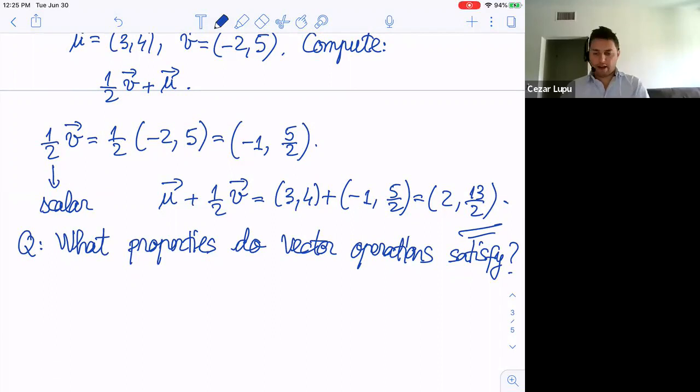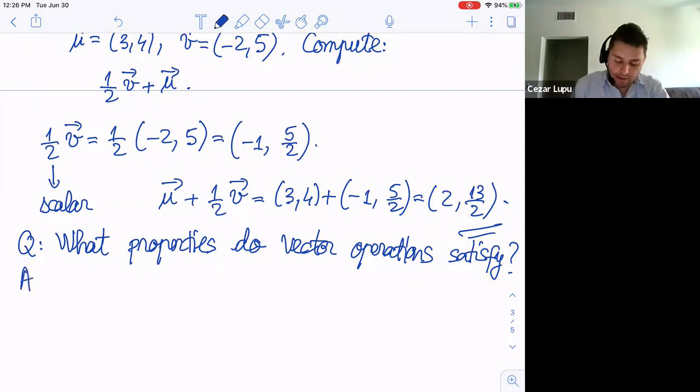You've seen that we've done the same thing for matrices, right? We want to see how they behave when you add them, when you multiply matrices, when you multiply by a scalar, when you blend everything together. We have two operations, like distributivity and so on. The same thing will happen here.